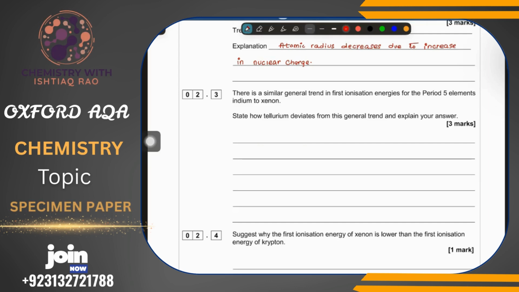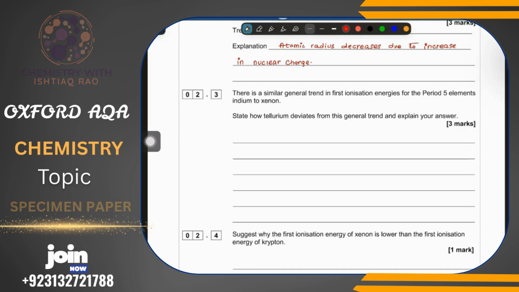Sir, I have a question. When an element is unstable, what does that mean? It means that everything wants to get stability, whether they lose or gain electrons. So unstable species will lose their electron very easily, comparatively, to get stability.